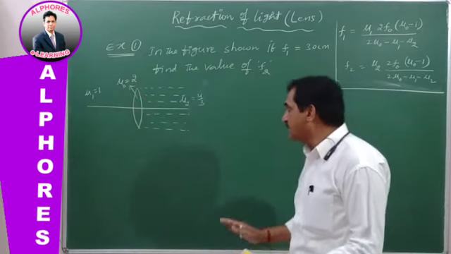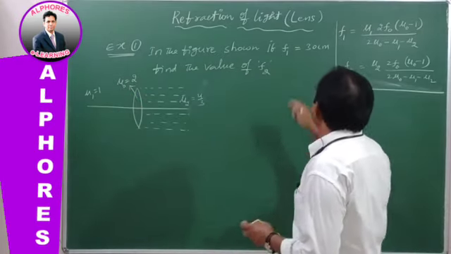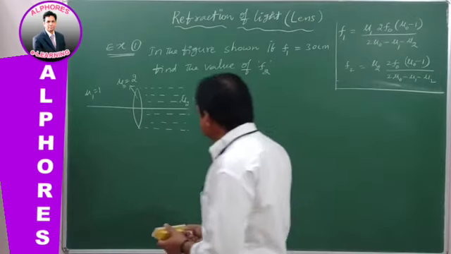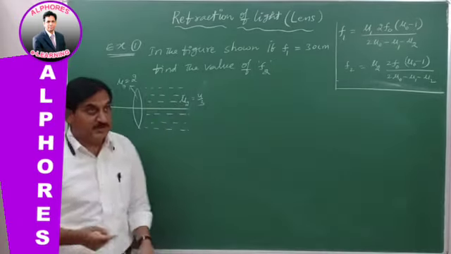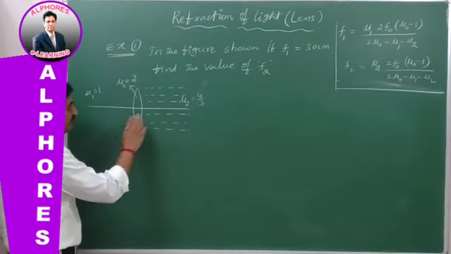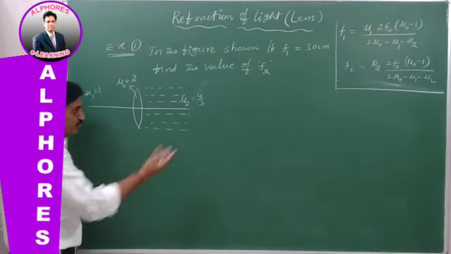This is not clearly given in the diagram, but the f1 focal length is given. Then find the second focus point. Definitely the focus points are different because the medium is non-homogeneous on both sides.